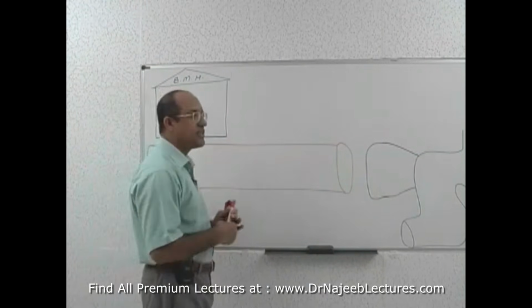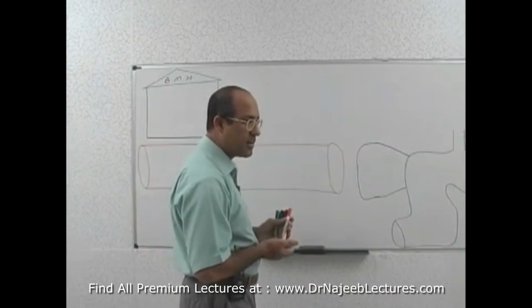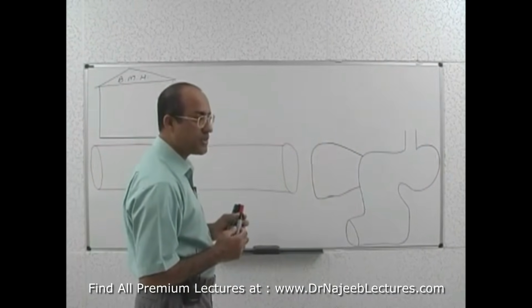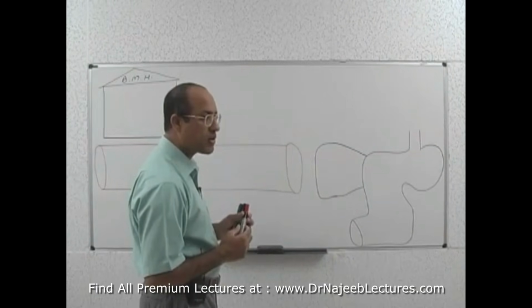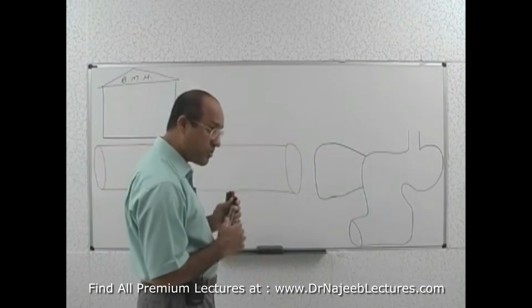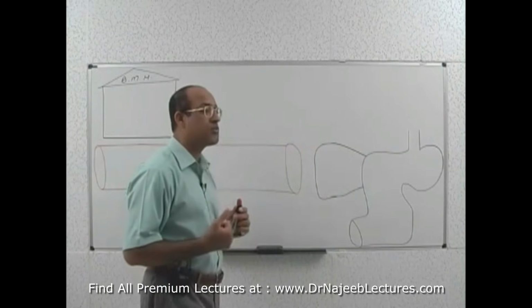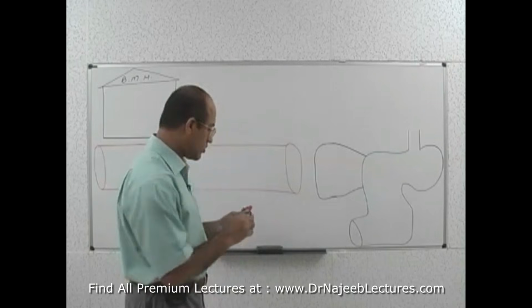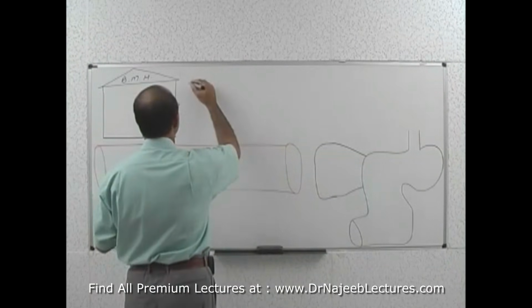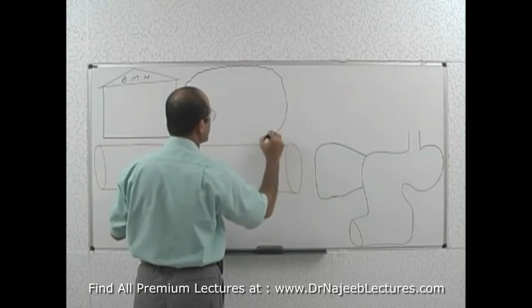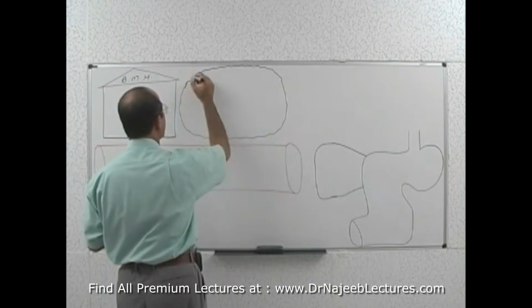Then along with that, there is storage of the iron. Most of the iron is stored in the macrophages. Macrophages present in the bone marrow, in the liver, and in the spleen. So I will make a big macrophage here, which represents the iron storage system.